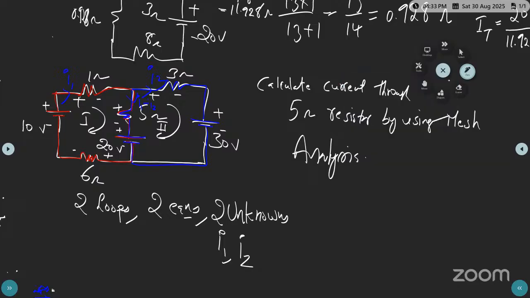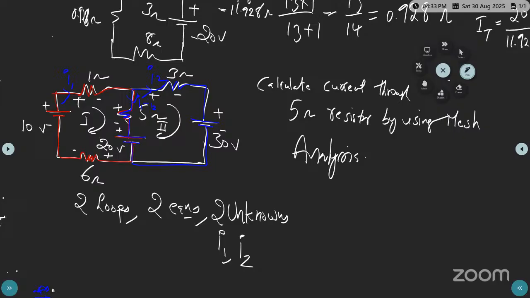Now we have to write down the voltage equation for loop 1. KVL for loop 1. What is the statement of KVL? In a closed loop, the algebraic summation of voltages across the elements is equal to 0. The red line is a closed loop.